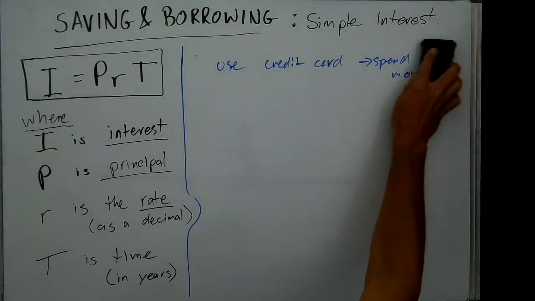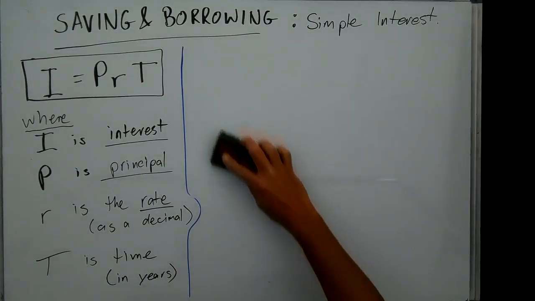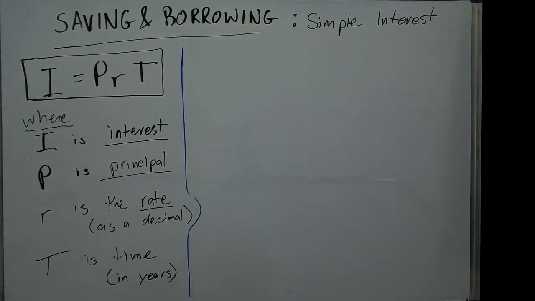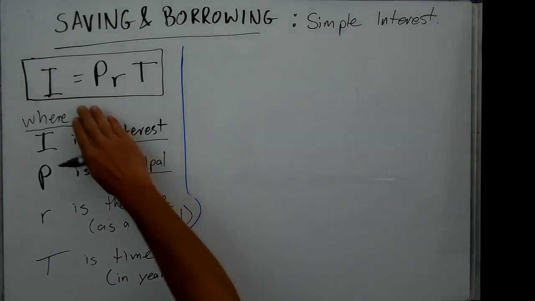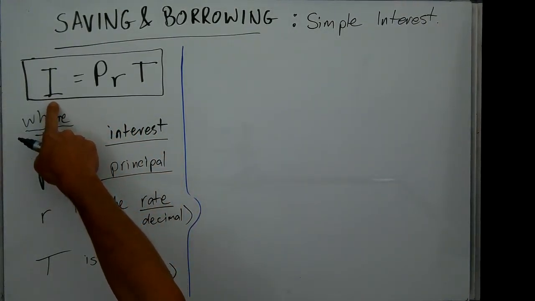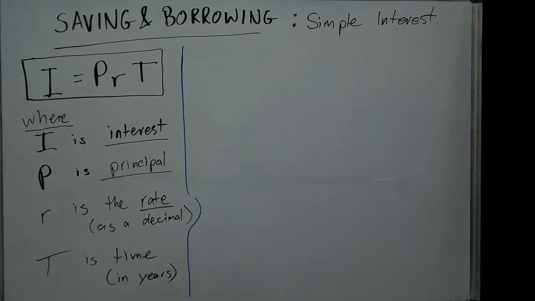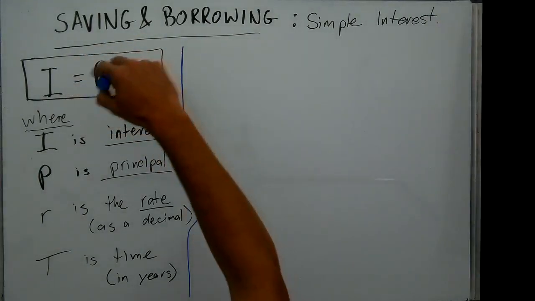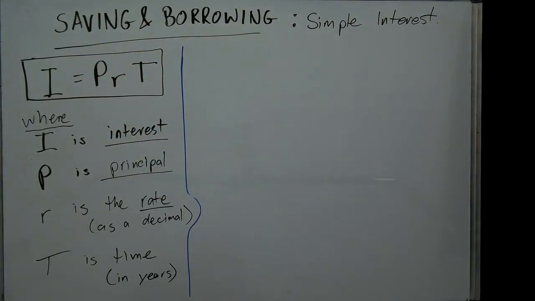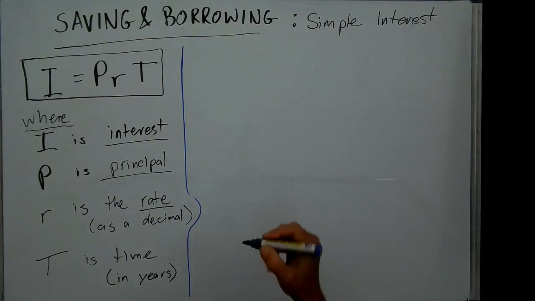Okay, so the other thing that we can do with simple interest is if we know how much the interest is, and we know two of these things, we can work out the third. So there are different rearrangements of this formula. Let's just write them out.